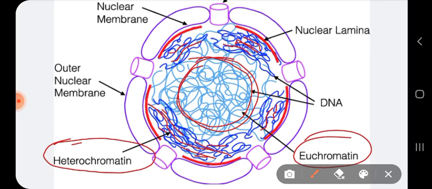Generally, chromatin is made up of DNA and proteins. A small quantity of RNA may also be present, but it accounts for less than 5% of chromatin. Some non-histone proteins are also present.